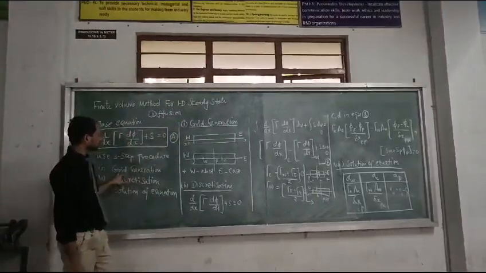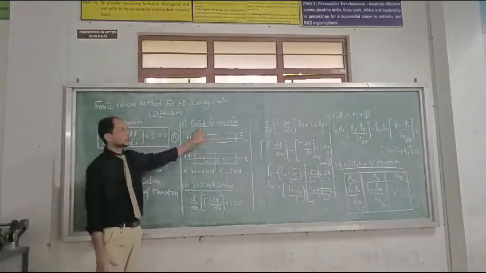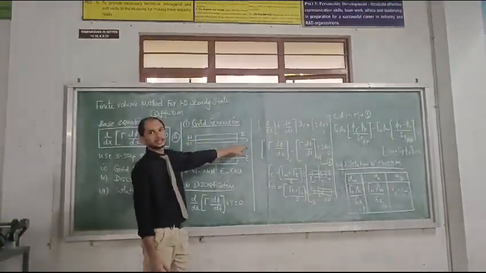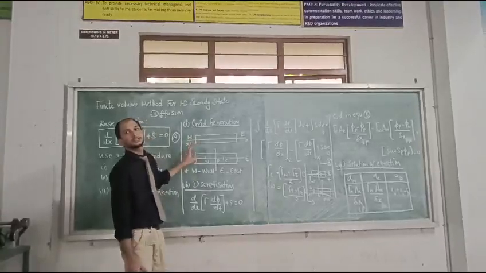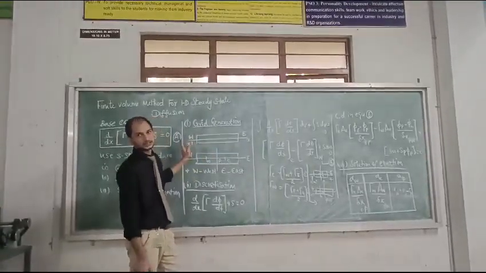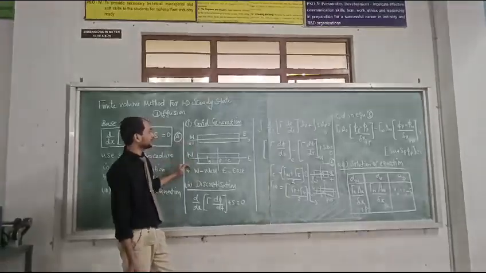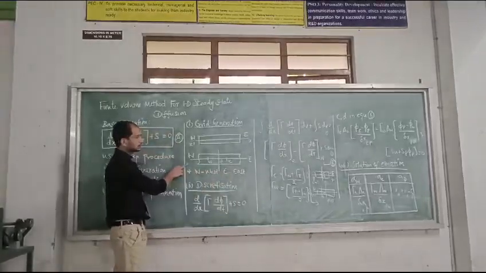The first step is grid generation. One dimension means only the x direction, so in the x direction we take positive and negative, based on the direction: the east and west directions. In the diagram, E is the east direction and W is the west direction.